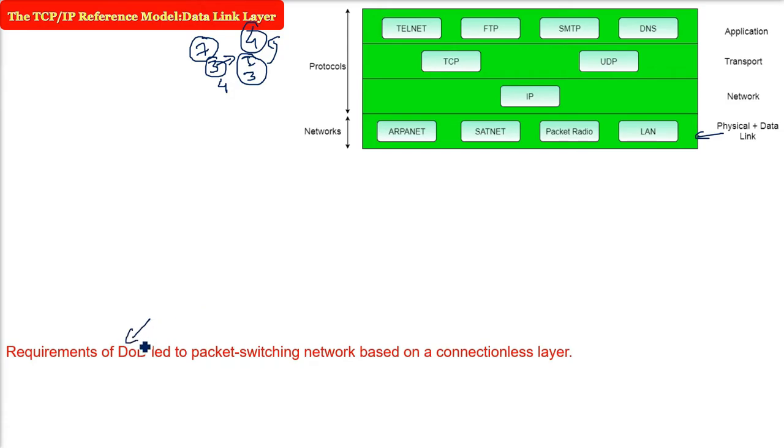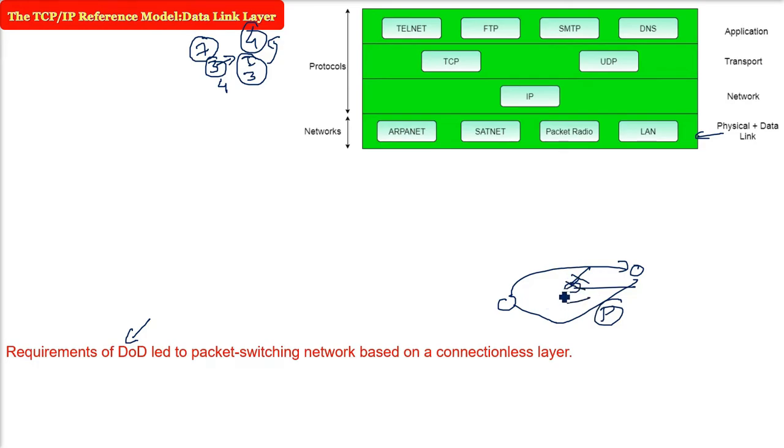Now the Department of Defense has a specific requirement that if an intermediate connection is broken, the communication should still take place. This is the requirement of the Department of Defense, that is the US. This has led to the packet switching network, which is based on a connectionless layer.